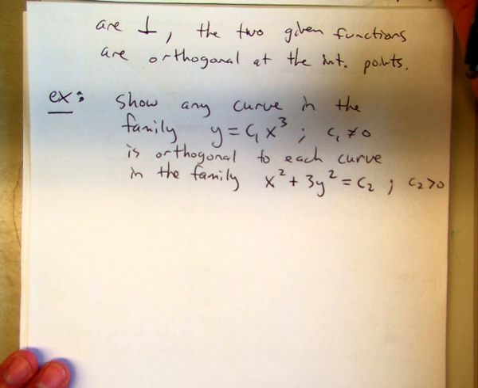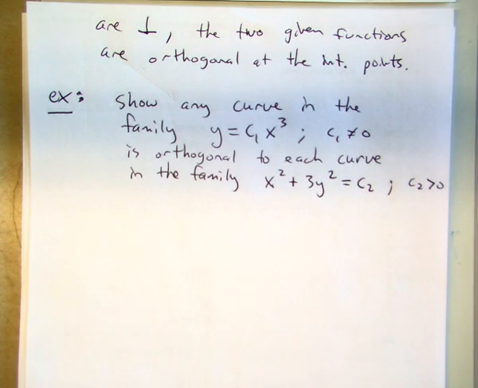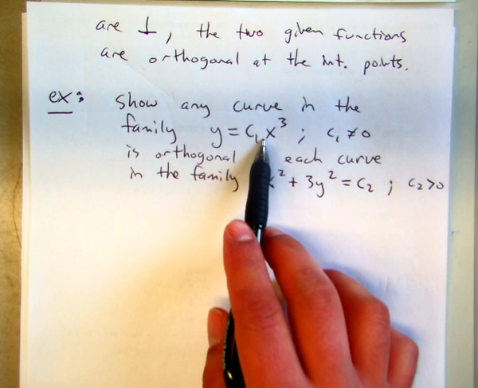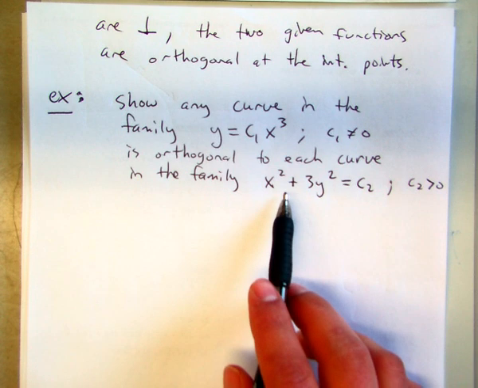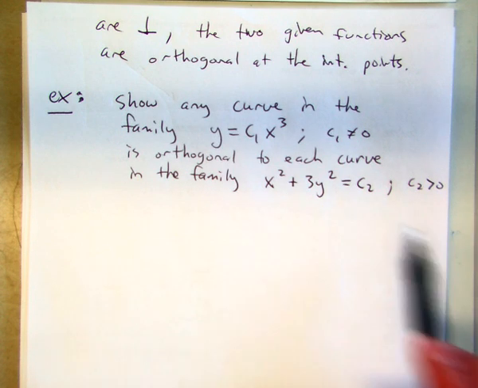All right, so we keep adding a little bit more and more. First we started with finding a differential equation. Now we talked about orthogonal. Now we're trying to show a little bit more generally that y equals c1x cubed will be orthogonal to all these curves here.